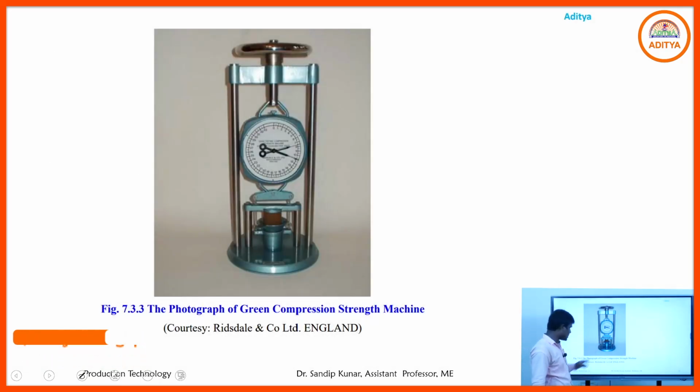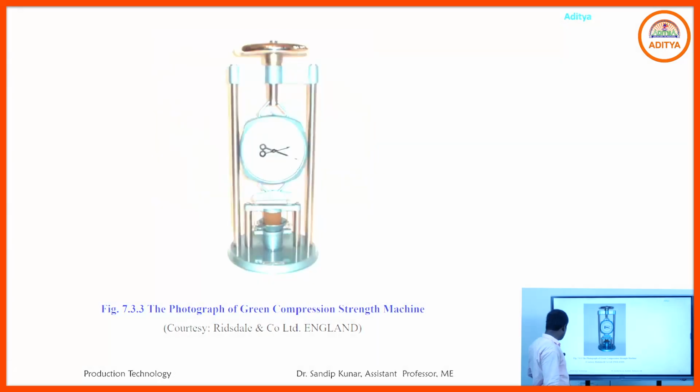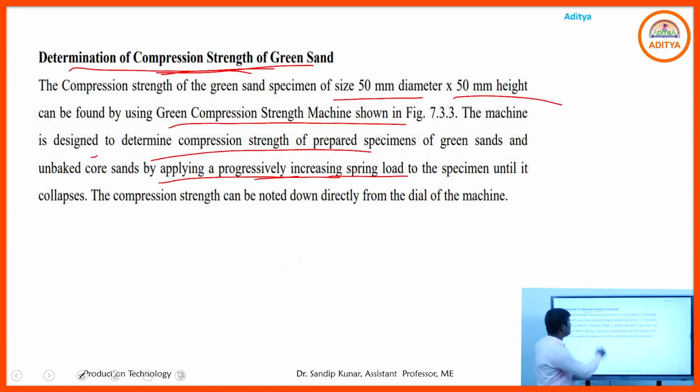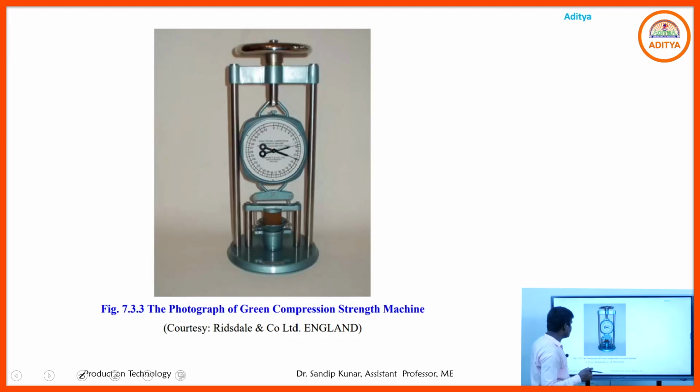That is the compressive green strength machine. In that machine, we keep the standard specimen in the particular position. After keeping the standard specimen, we provide some load, increasing the load.